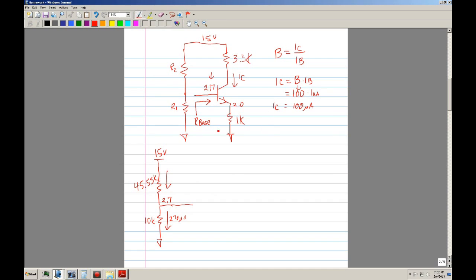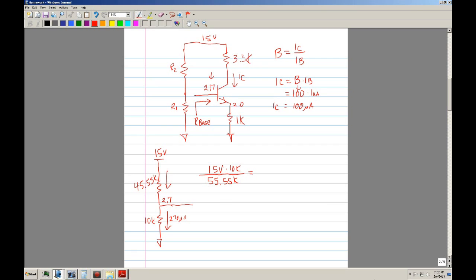Okay, let's see if it makes sense. So 15 volts times 10K divided by 55.55K, it should equal 2.7.